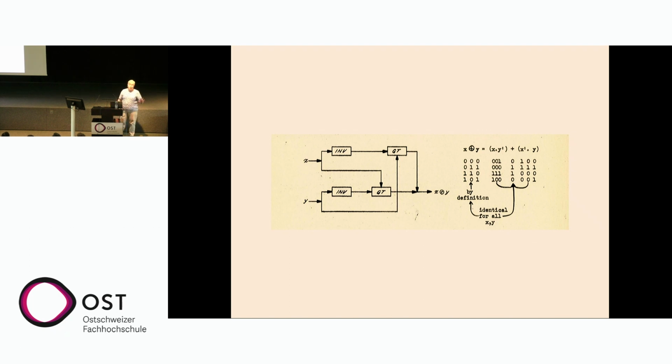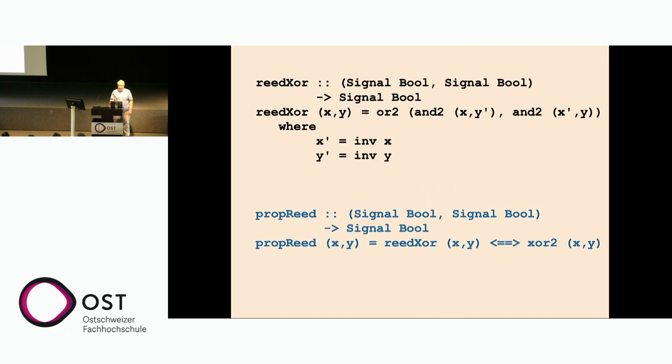Okay, I want to just show you what you can do in Chalmers Lava, which is a piece of code written in the year 2000 by Koen Claessen, but it has been updated a little bit since, but not very much. We can take Reid's diagram of an exclusive OR gate and we can just write it down in Haskell.